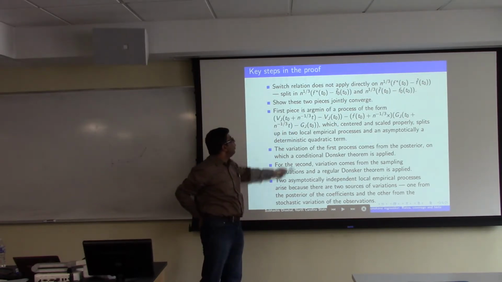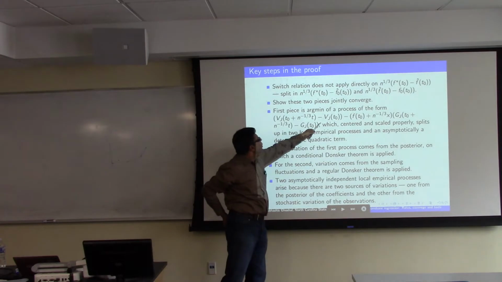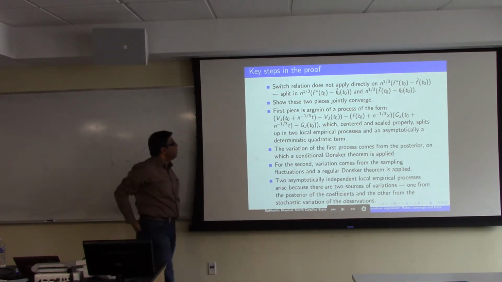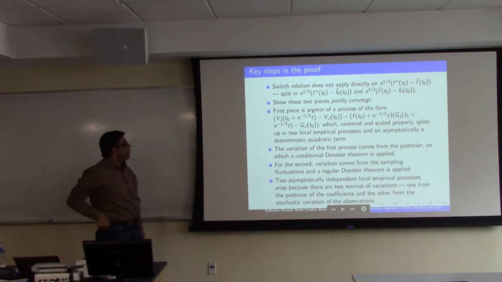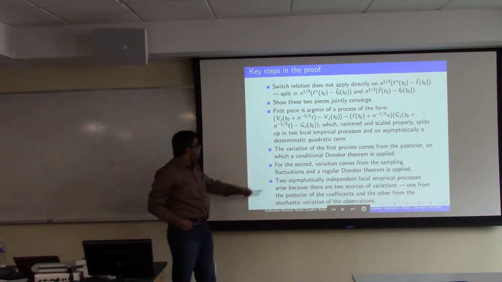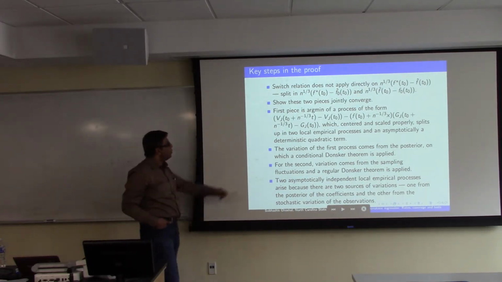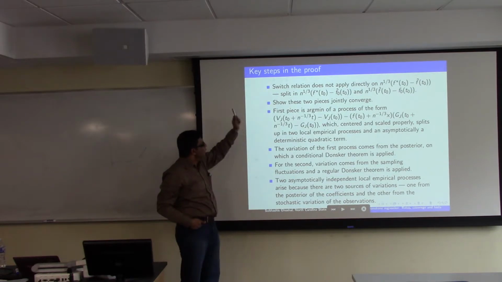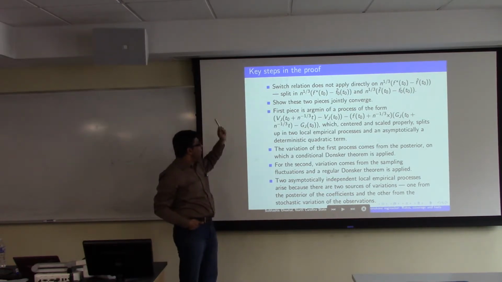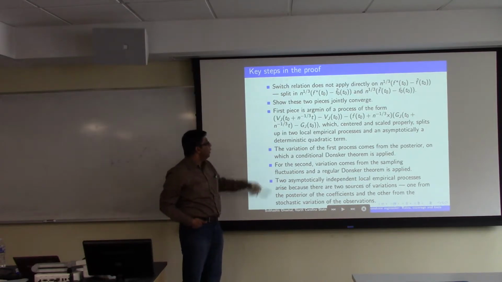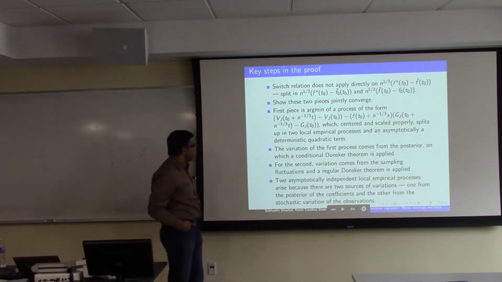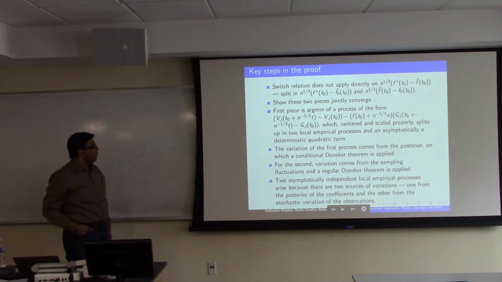So the first piece asks you to look at a process like this, which is centered and scaled properly. It splits up into two independent local empirical processes. Two processes come because one source of variation is the posterior, for which you apply a conditional Donsker's theorem.